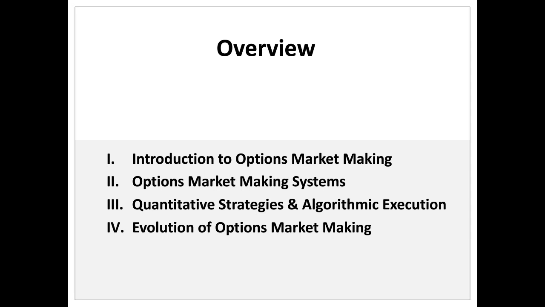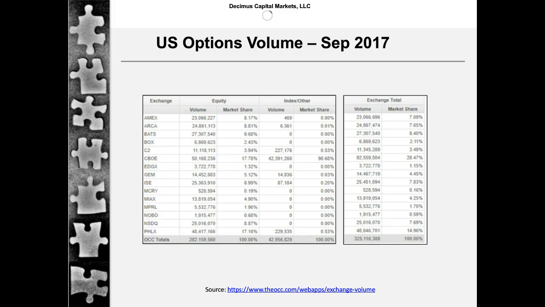Okay, so I think the place to start, for those who aren't familiar with the U.S. markets, is that we have 15 exchanges, and you can see here we have market share and volume for September, and you can see there are some dominant players. CBOE is most notable, of course, primarily because of their extreme success in the index space and that franchise.